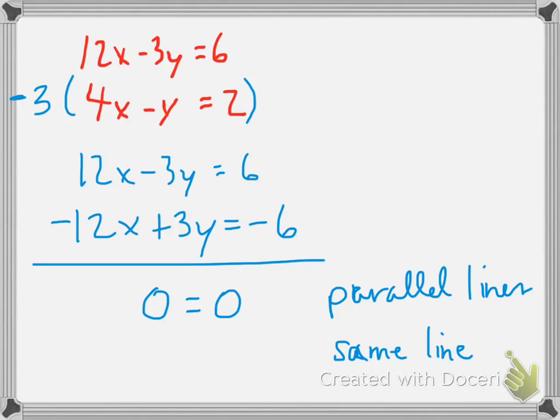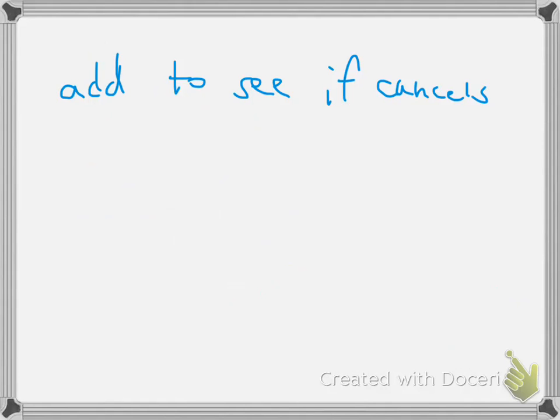So that's linear combination. First you add to see if it cancels. If it doesn't cancel, then you find out what you need to multiply by in order to get the coefficients, the numbers in front of each variable, to be the same but opposite sign.